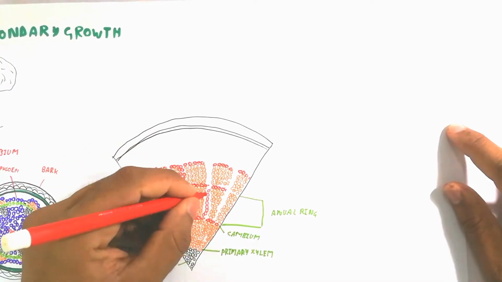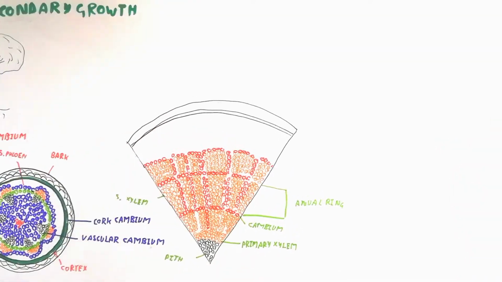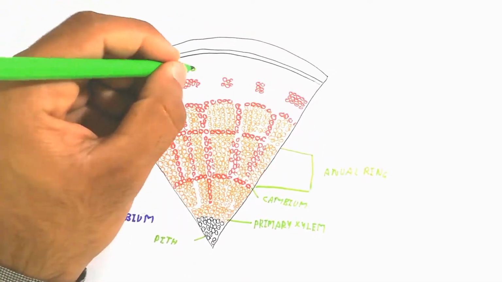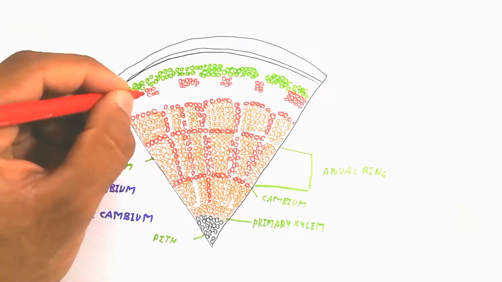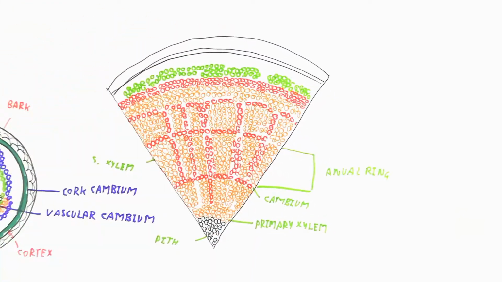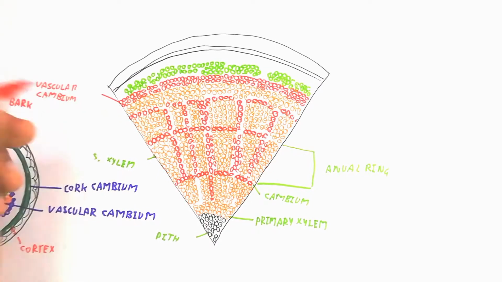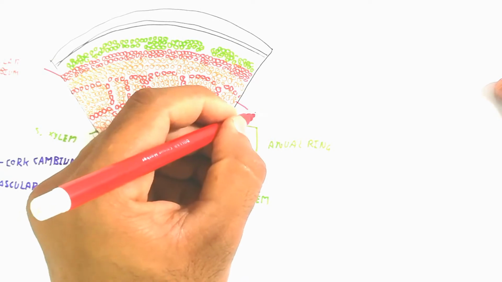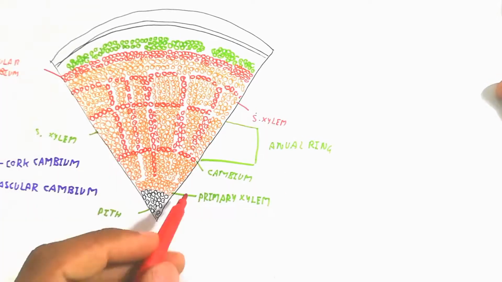Here is the cambium, and the red color ray that arises from the pith is known as xylem ray, and the ray that arises from annual ring to annual ring is known as medullary ray. So remember it, don't forget.